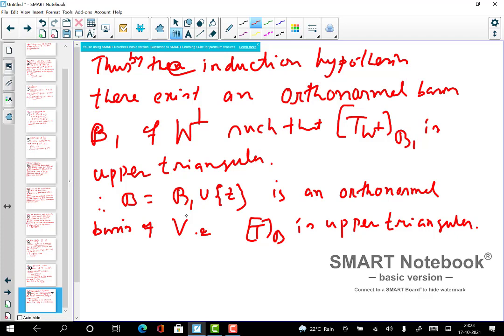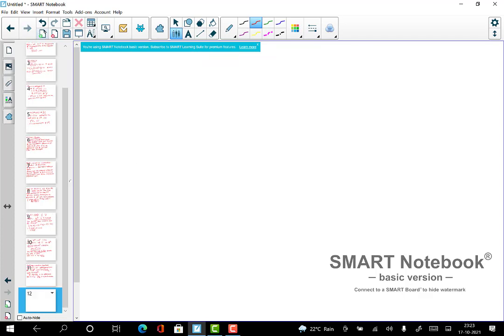This comes from the existence of a basis with respect to which it is diagonal, and then from the Gram-Schmidt theorem we can say that basis can be made orthogonal.